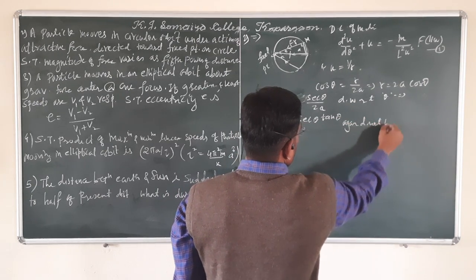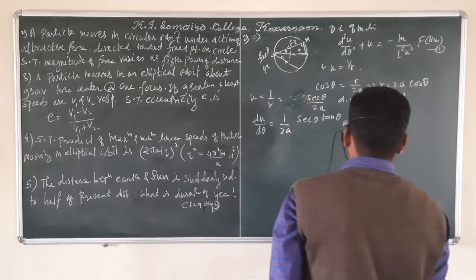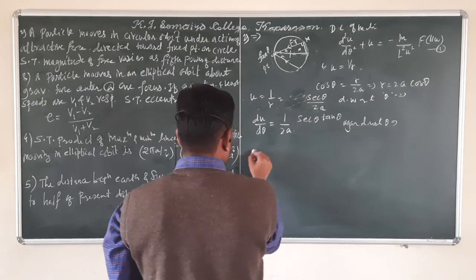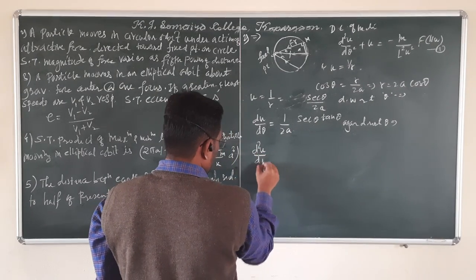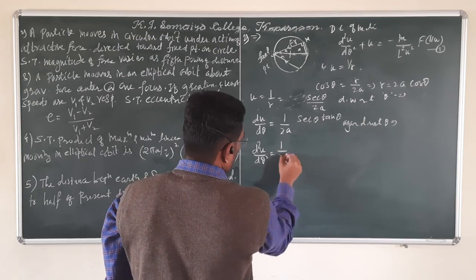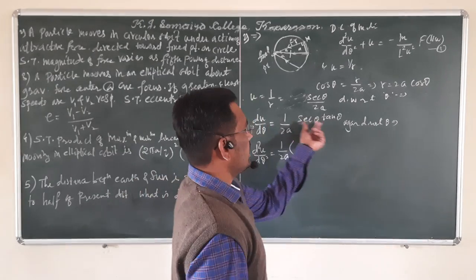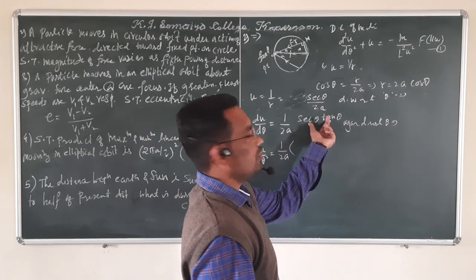So again differentiating with respect to θ, we get the second order derivative d²u/dθ² equal to 1 over 2a times sec θ tan θ differentiated. Here we have to use the product rule.